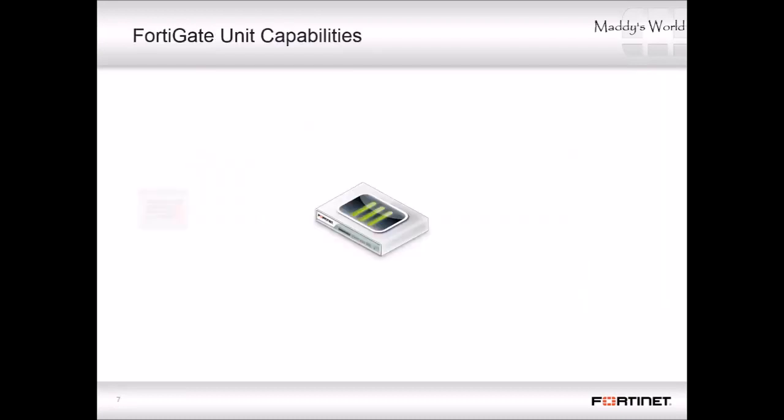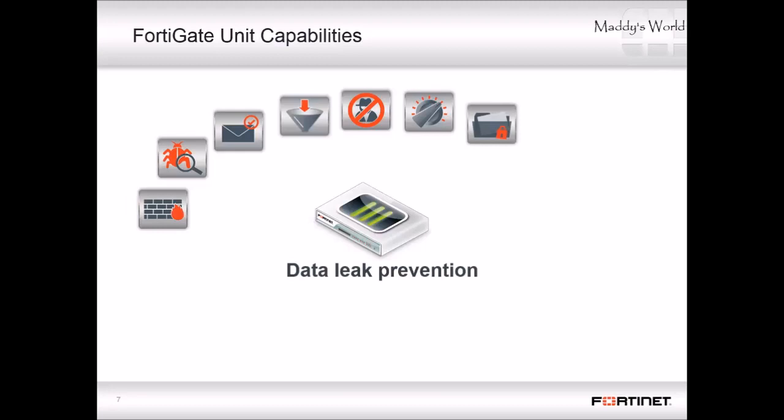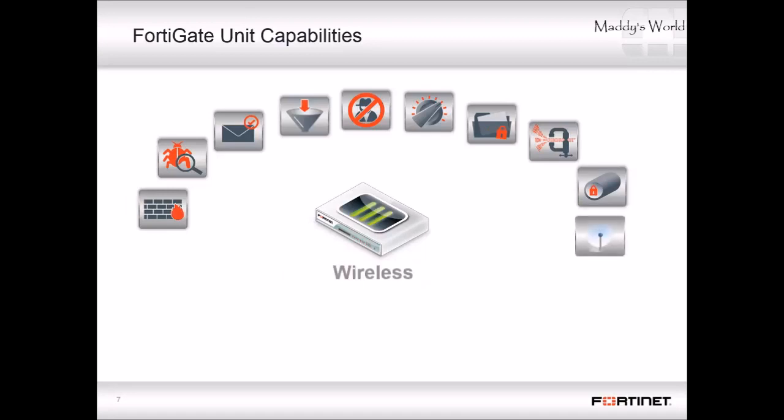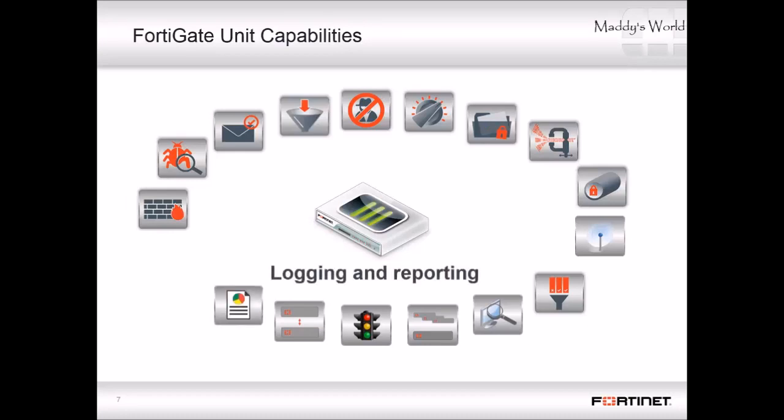A FortiGate unit can act as your firewall, scan for viruses, filter your email, filter your web traffic, scan for attacks, identify your network traffic, prevent data from getting leaked out of your network, optimize your WAN traffic, handle IPsec and SSL VPNs, manage your wireless controllers, provide both static and dynamic routing, enforce endpoint compliance, manage virtual domains, enforce traffic shaping, can be configured for high availability, provide extensive logging and reporting, and it can provide different types of user authentication. It's a long list, isn't it?